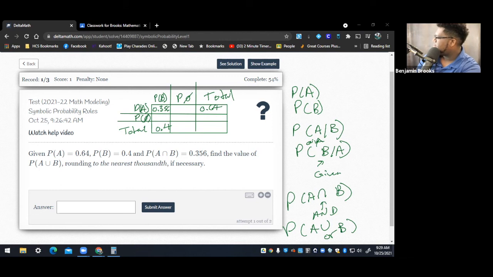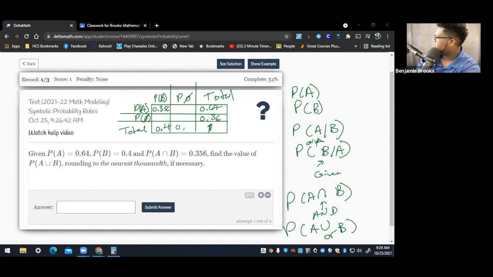That means, if we were to continue filling this out, that the probability that A doesn't happen, if you think about this as being 1 because your total is going to be 1, this would be 0.36 because you have to add those up to be 1.